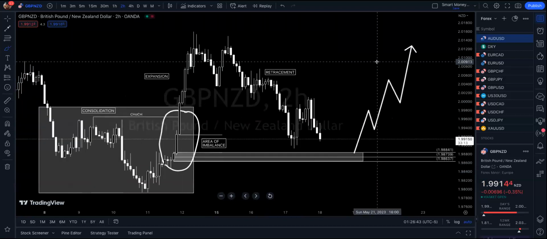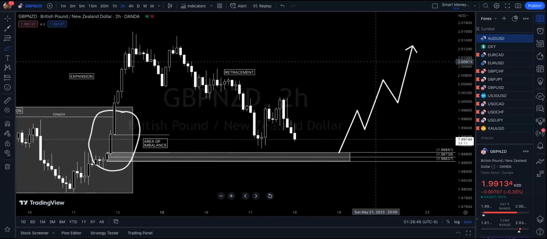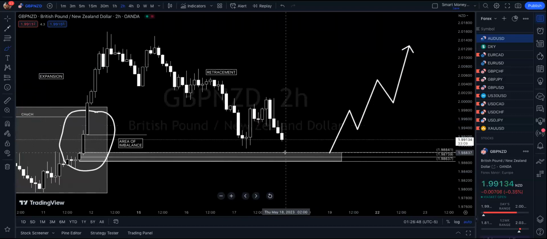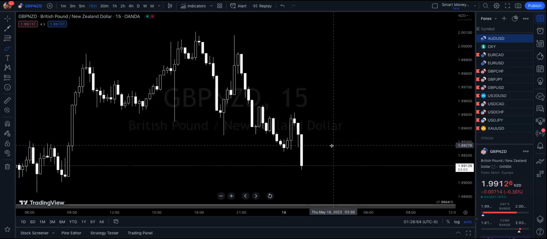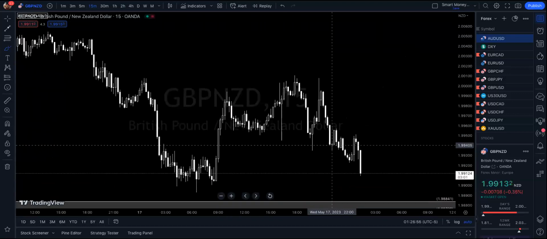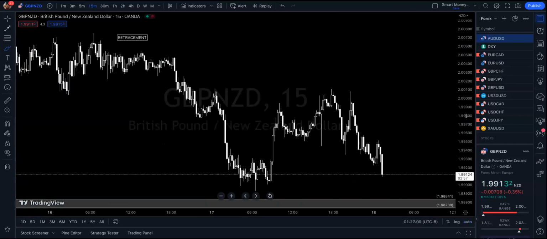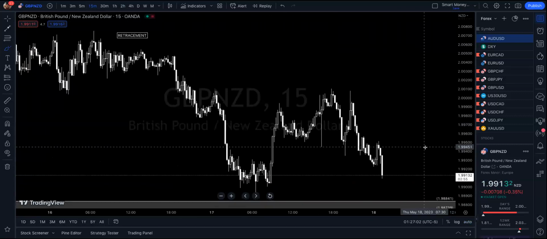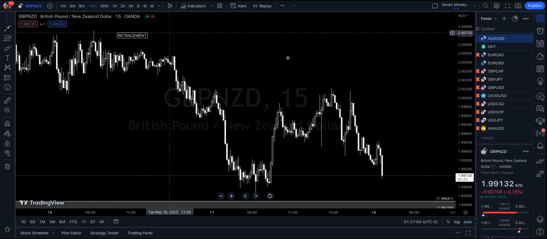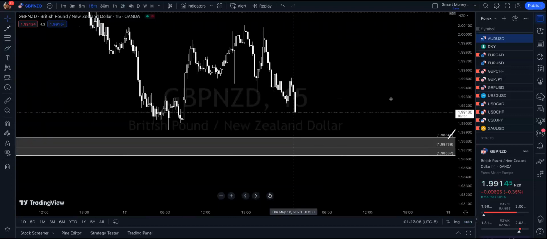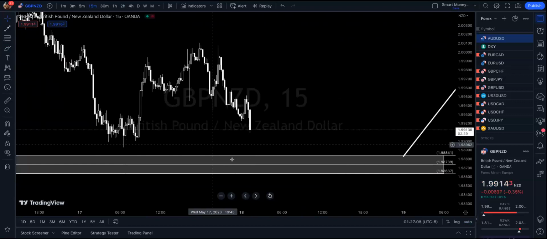But nine times out of 10, it's going to come down in here, stop all these people, and then move this way up. But like I was saying, price is going to come back down into this zone.